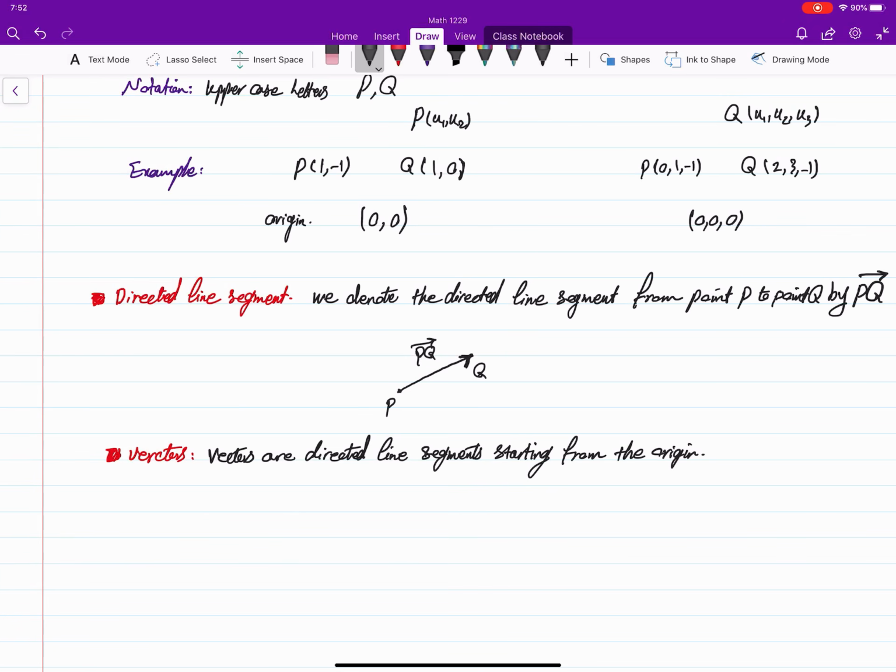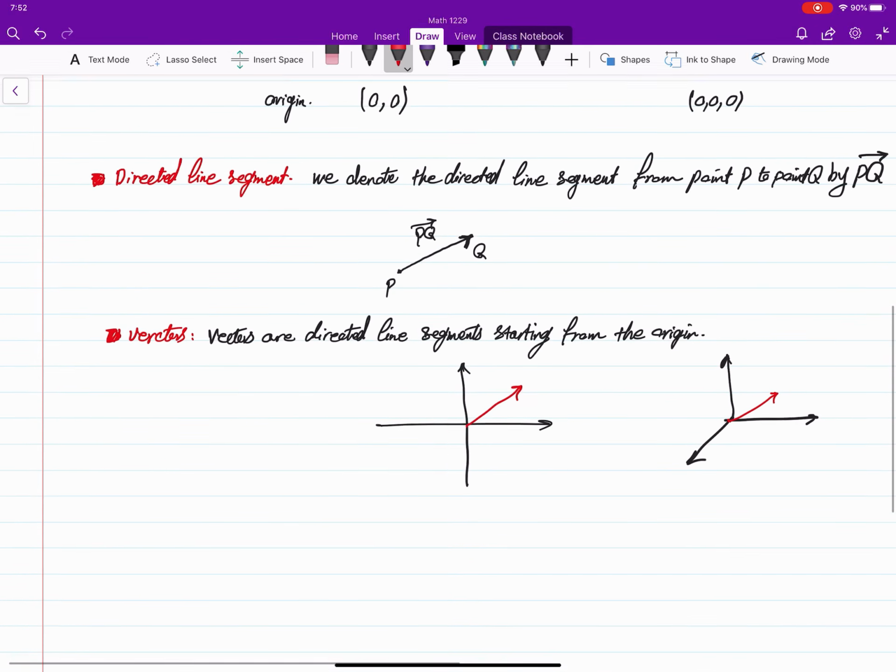Not on other points, just the ones that start from the origin. So something like this guy here. Or if it is in the three-dimensional case, a directed line segment which starts from the origin and goes to a point.